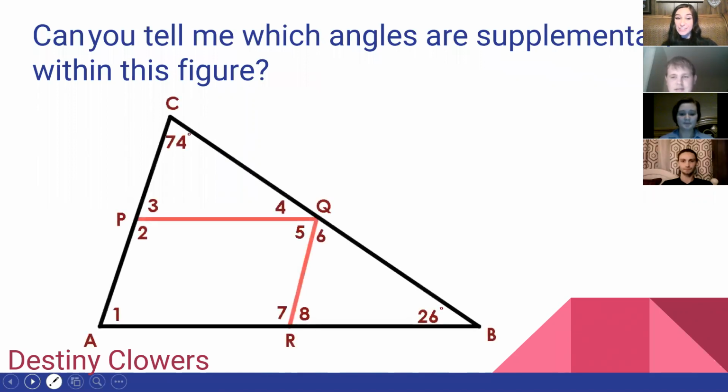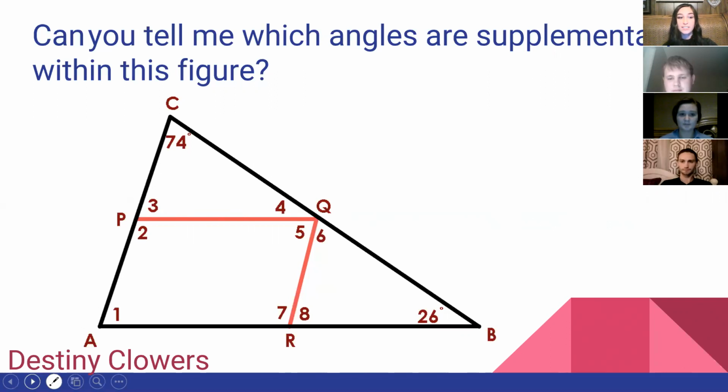So to answer your question, Courtney, supplementary angles are angles, they can be 2 or 3 angles, and their measures add up to equal 180 degrees. And sometimes those 2 or 3 angles can form a linear pair or even a straight angle, which looks like a straight line. Now, a straight angle also has a measure of 180 degrees.